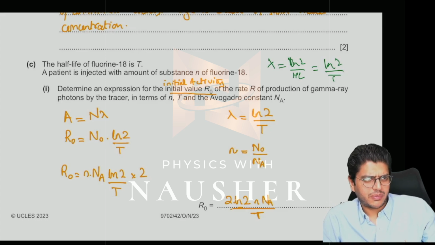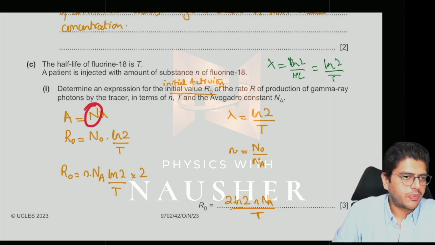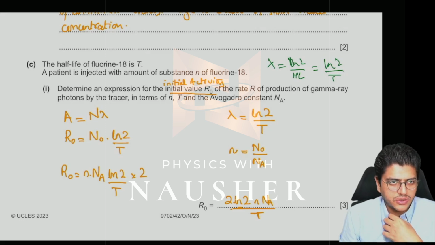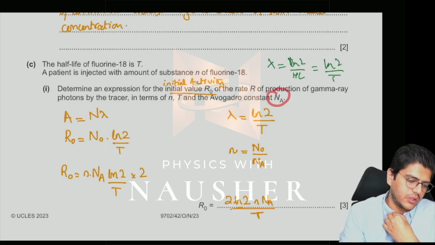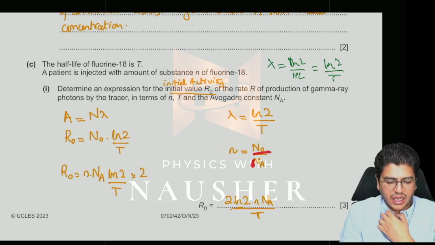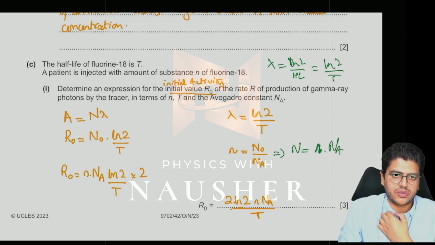If you go one step ahead, n, the number of particles, has to be linked to Avogadro's number. So you know that the number of moles is the number of particles divided by Avogadro's number. So the number of particles N naught can be written as number of moles times Avogadro's constant.